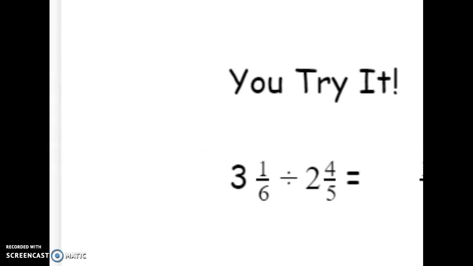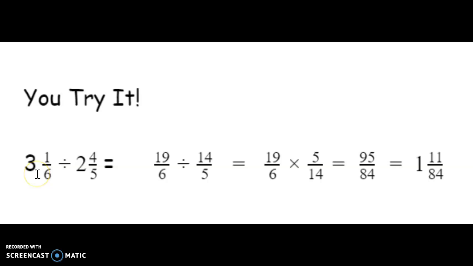Here's another you try it. 3 and 1/6 divided by 2 and 4/5. Get your pencil and paper ready, pause the video, and then we'll work through the problem together. The first step says to change our mixed number division problem into improper fractions. So let's do that.